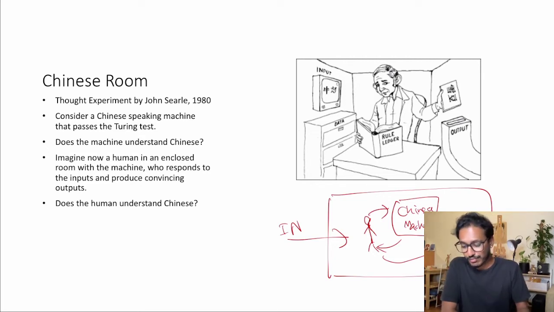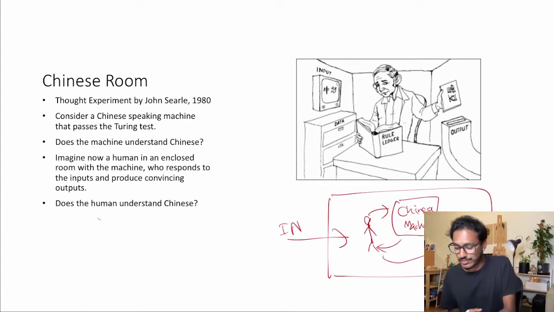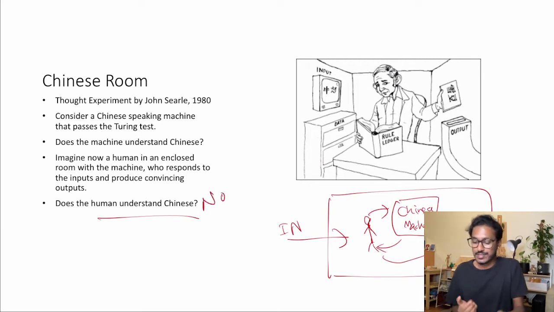So what Searle wanted to show is that if a machine is just following some instructions or just step-by-step instructions or a set of rules, etc., then is it really intelligent? Just like the human inside the Chinese room does not understand Chinese, the machine also does not understand. It knows how to replicate or to imitate. So that also can be argued as not very intelligent behavior.